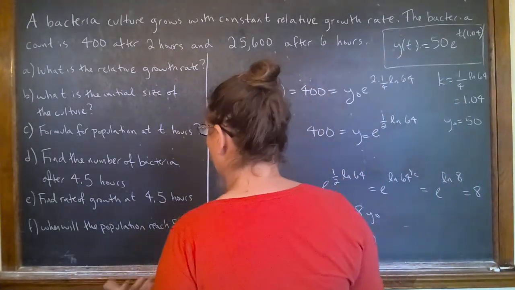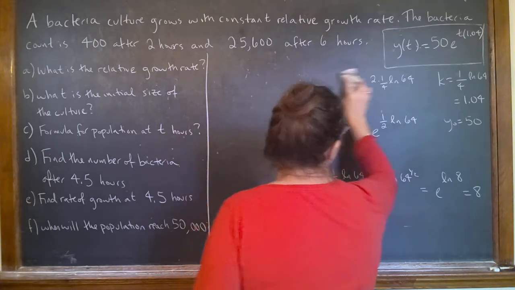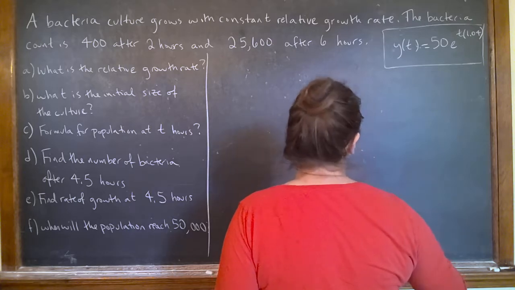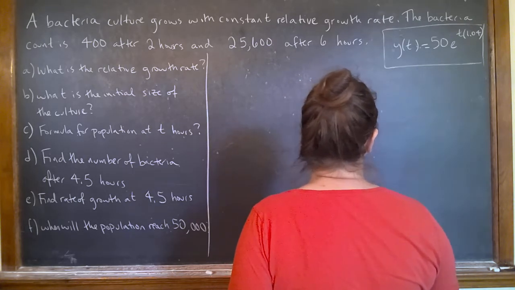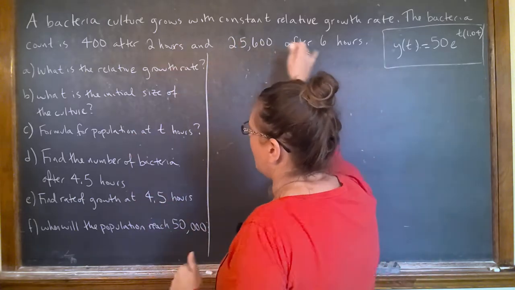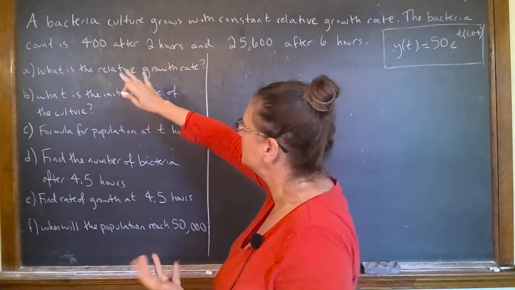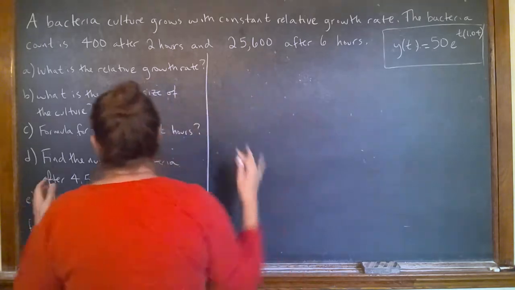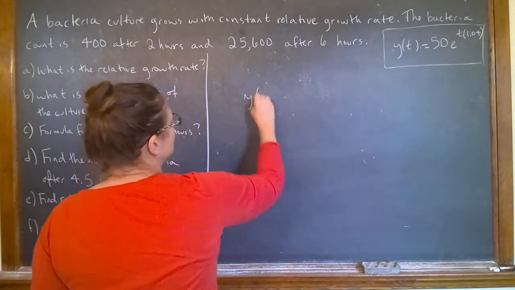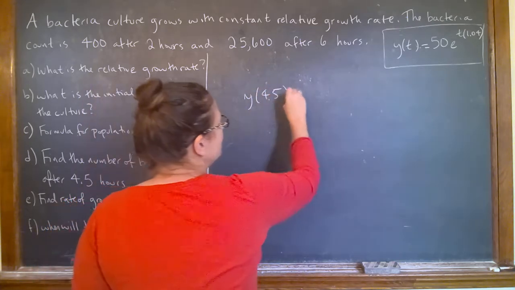So let's go. Find the number of bacteria after 4.5 hours. By the way, it is true that the t is in hours because we started everything in hours. And then the number of bacteria is just that population. So for part D, I'm just going to do y at 4.5.